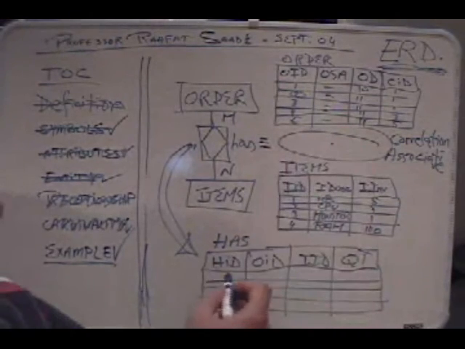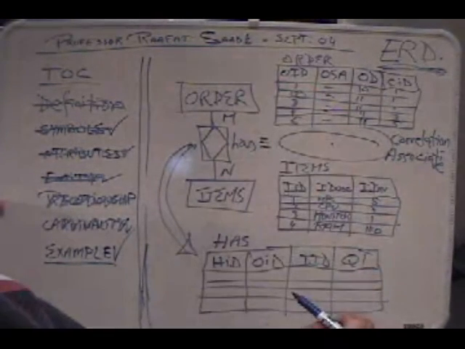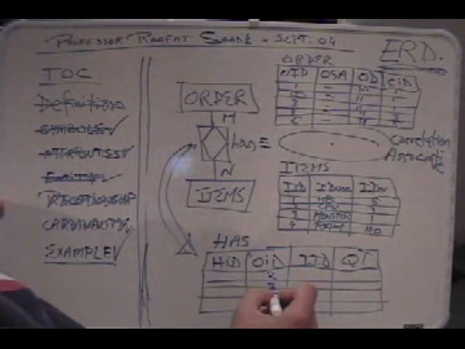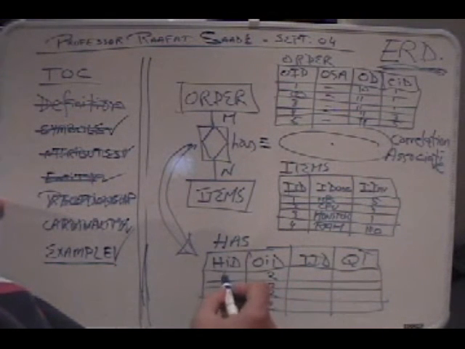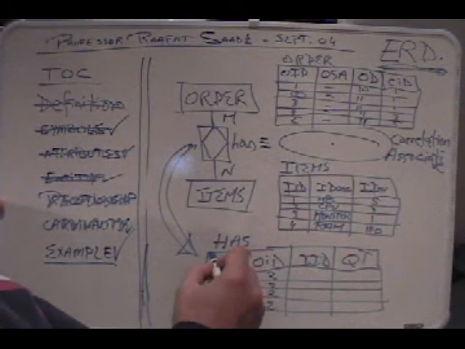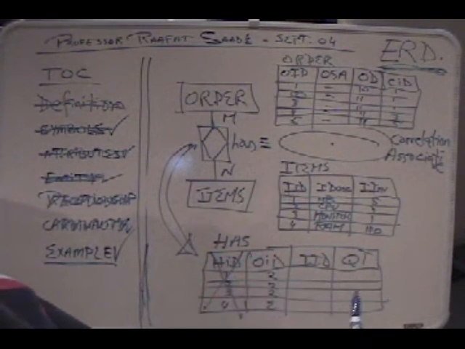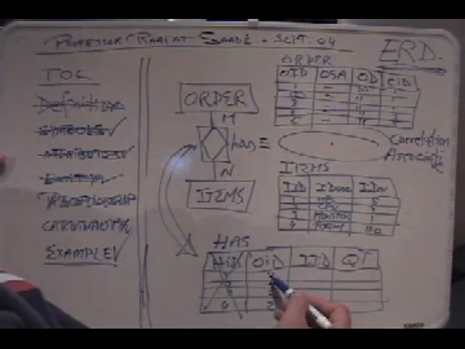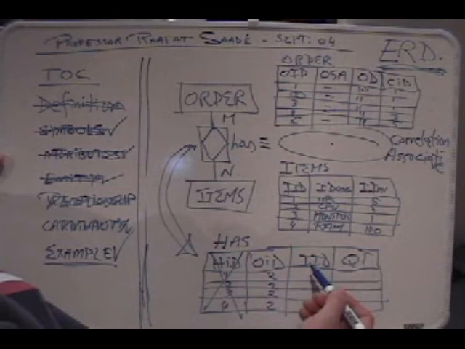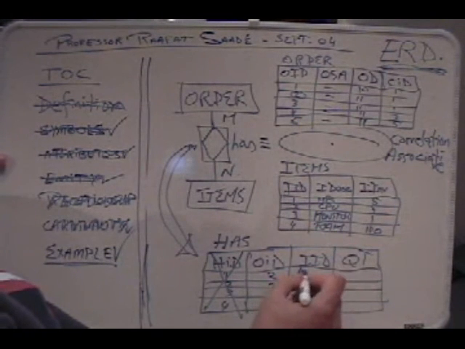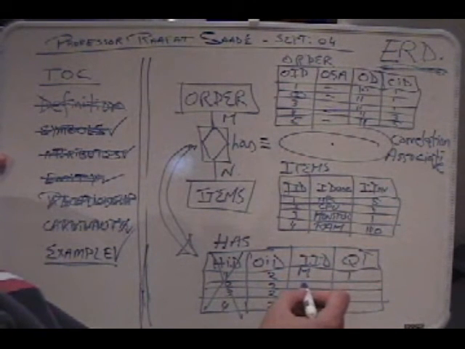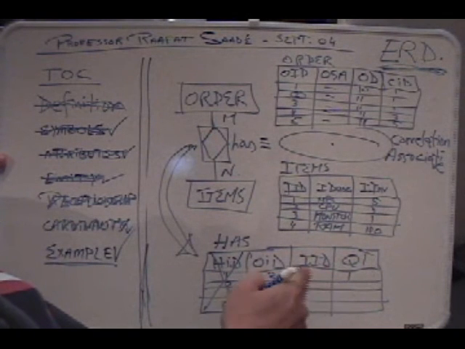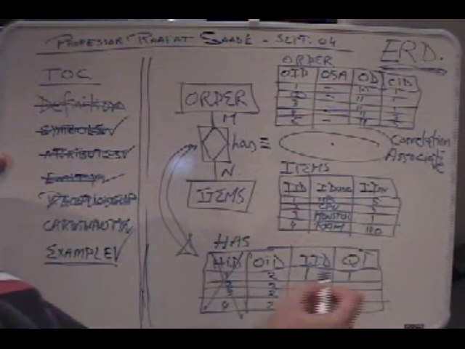So if we take order ID 2, order ID 2, order ID 2, order ID 2, and the has ID 1, 2, 3, 4, in this case it's optional, we don't need it, but you can have it. In order ID, item ID, we bought one motherboard, that's item ID 1.